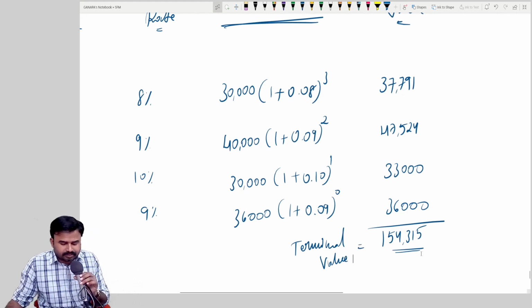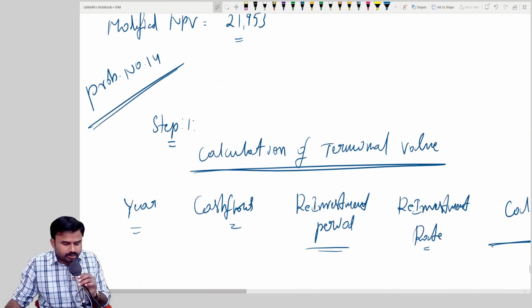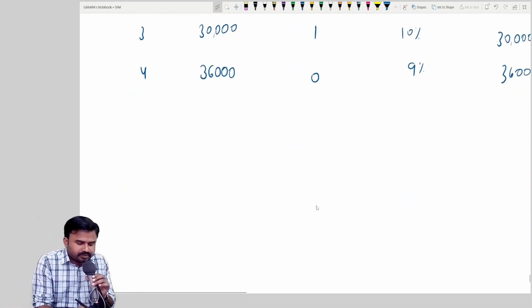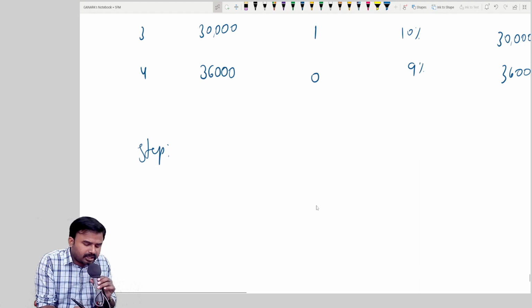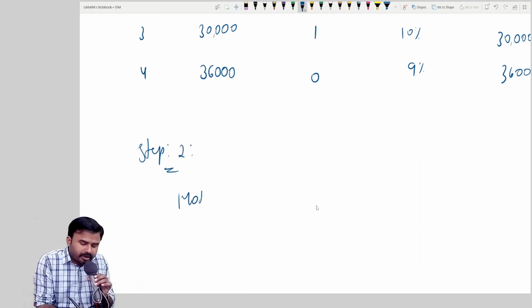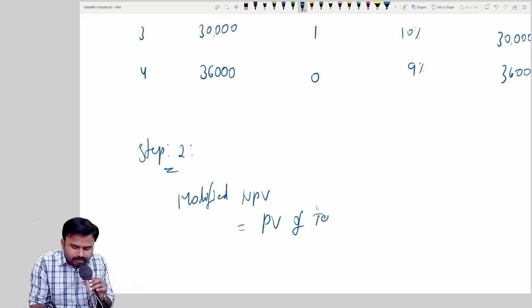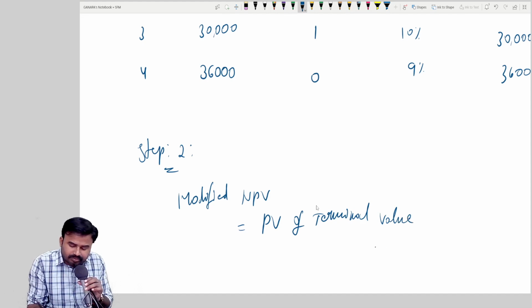Now in step number 2, I'll convert terminal value at cost of capital rate, right? Modified NPV is equal to present value of terminal value minus initial investment.